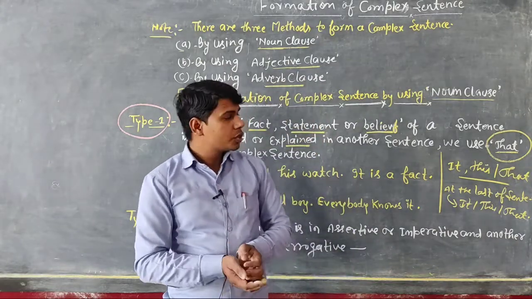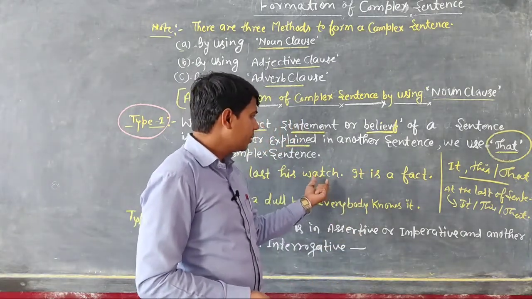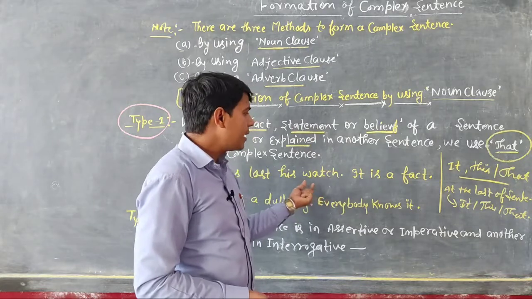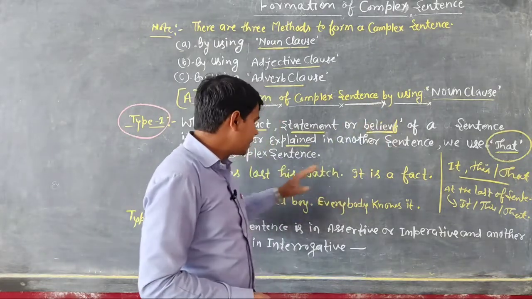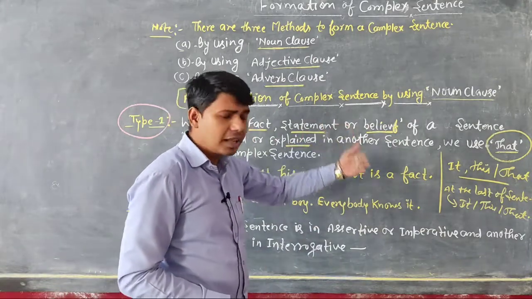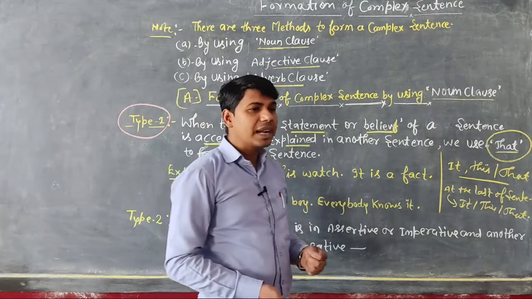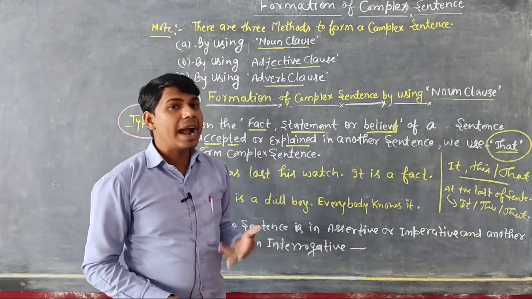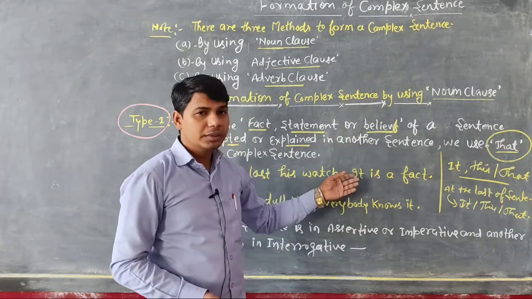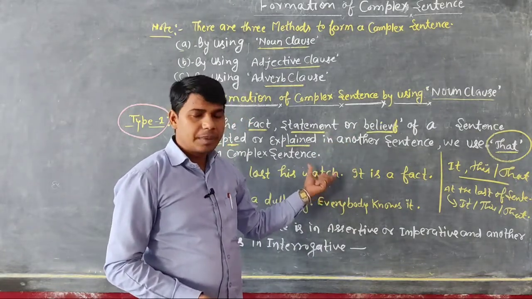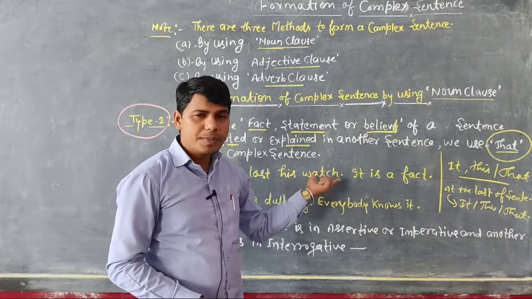So you can join these sentences by a noun clause, and when you join the sentences, the noun clause may be either the subject or the object of the verb. So now how will we identify whether the noun clause will be used as the subject or as the object?